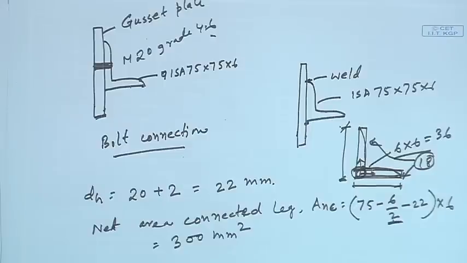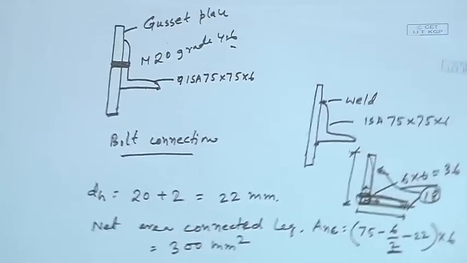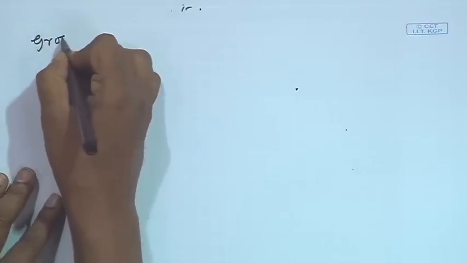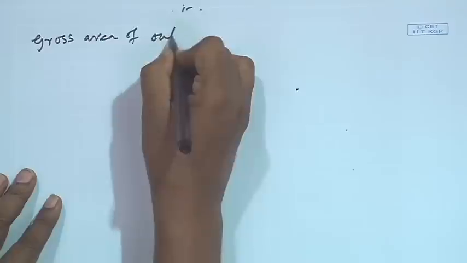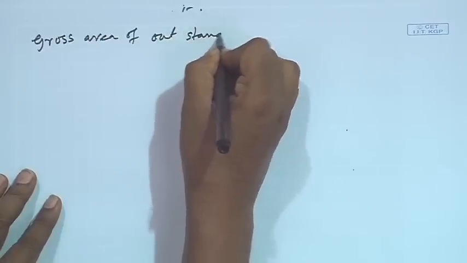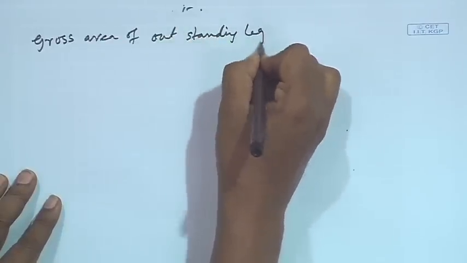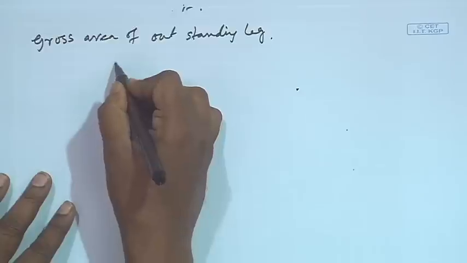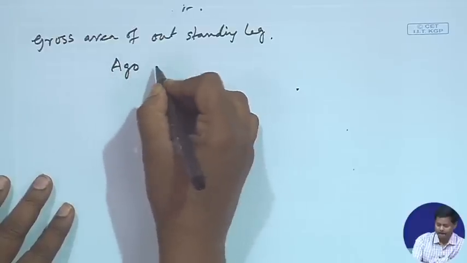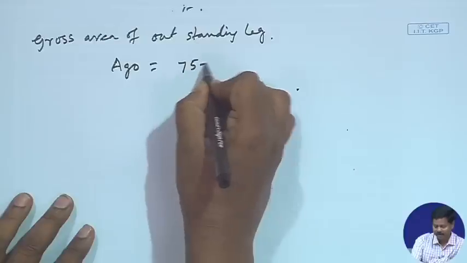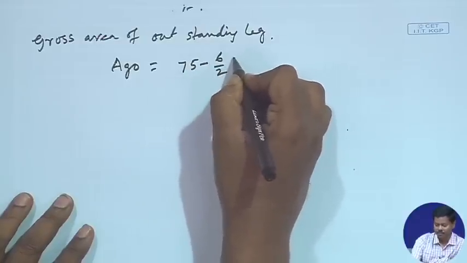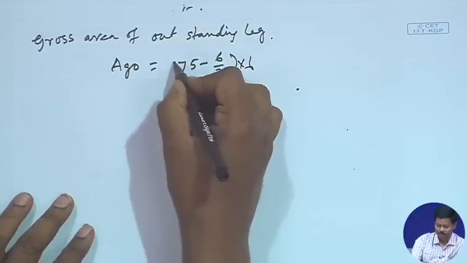Similarly, I can find out the gross area of the outstanding leg, AGO. That will be simply 75 minus 6 by 2 into 6.